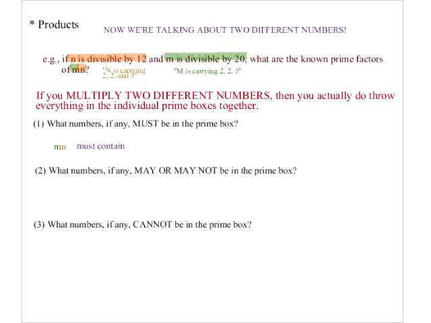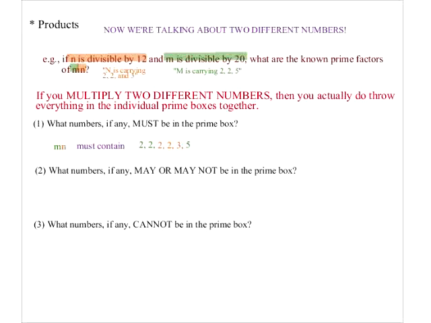From the m, you've got a 2, a 2, and a 5. And then from the n, you've got a 2, a 2, and a 3. So all of that goes in. All right, smiley faces if that makes sense.